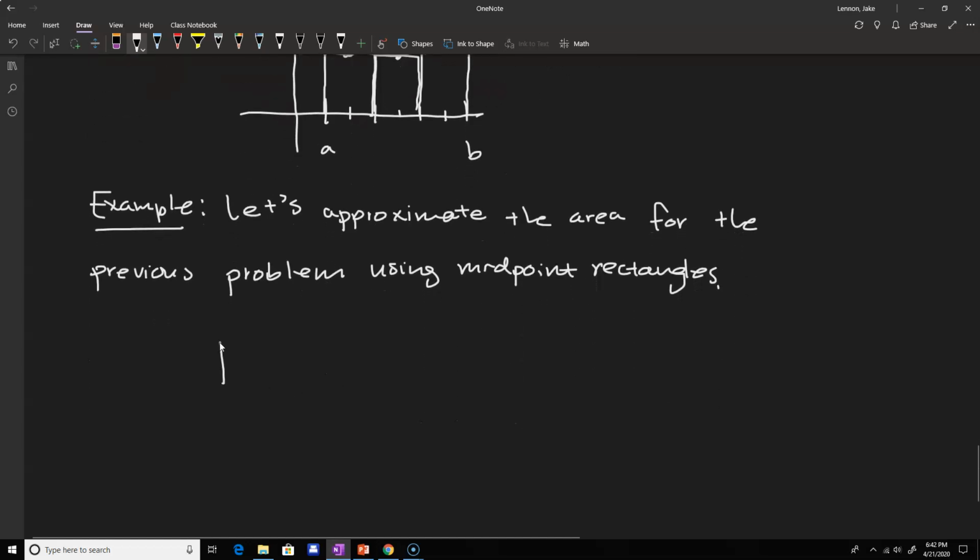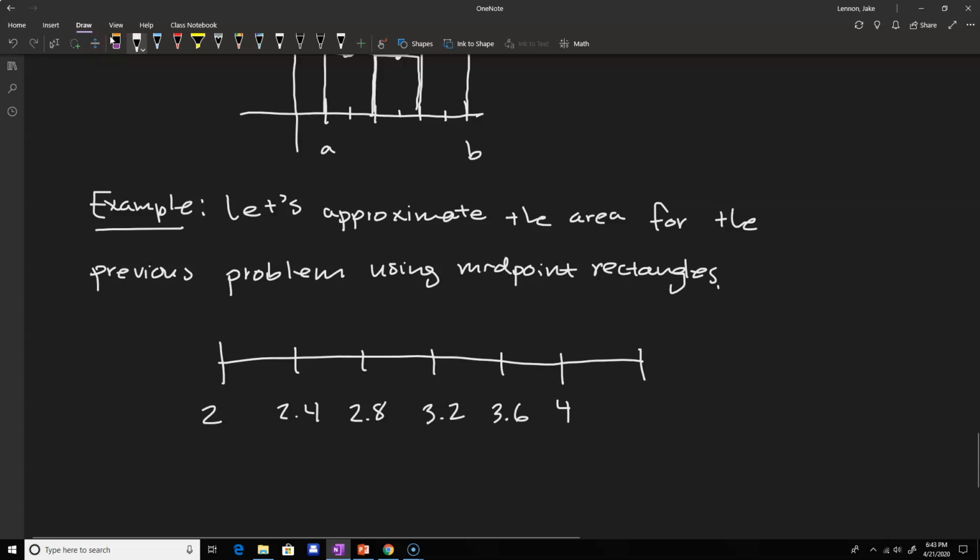So if we look at the partition again, we had 2, 2.4, 2.8, 3.2, 3.6, and 4.